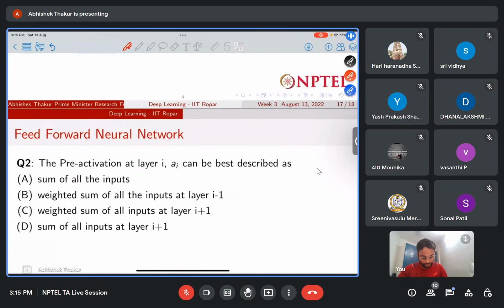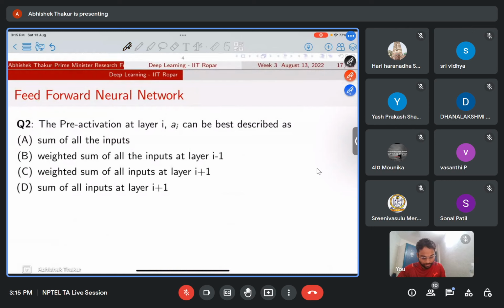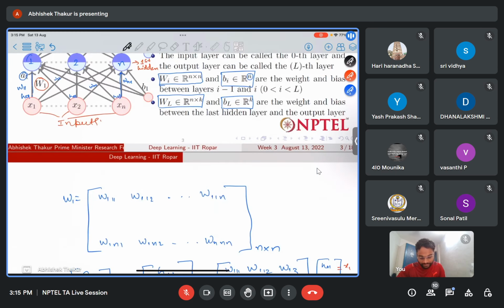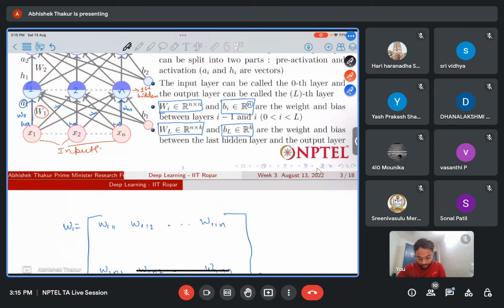So the correct option will be the weighted sum of all the inputs at layer i minus 1. Option B is the correct option because it is taking from the previous layer, that's why it is i minus 1. Okay, any doubt in this question?